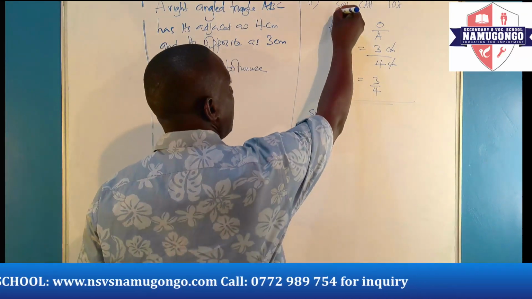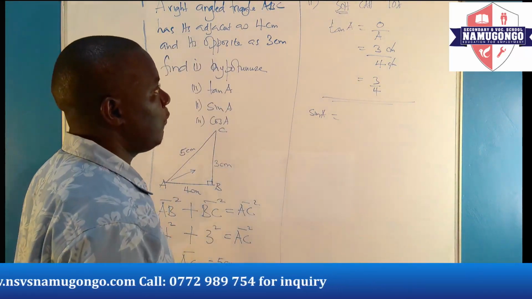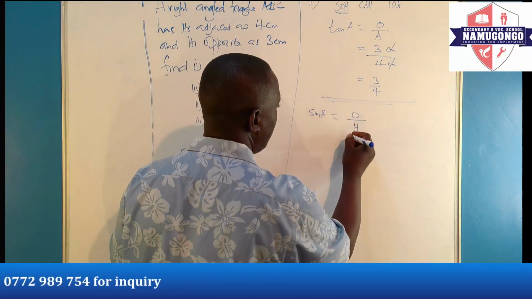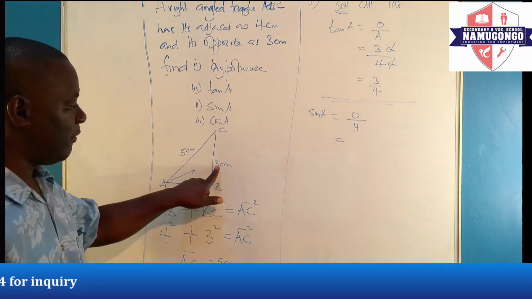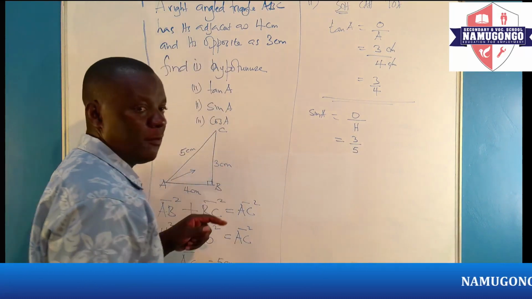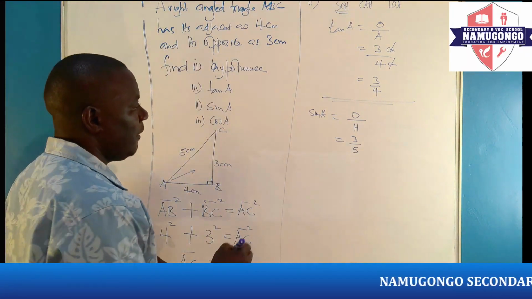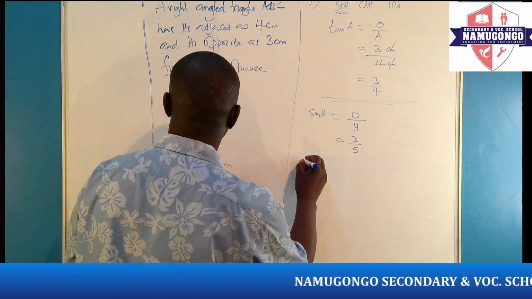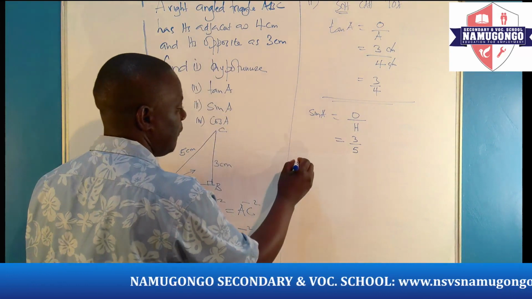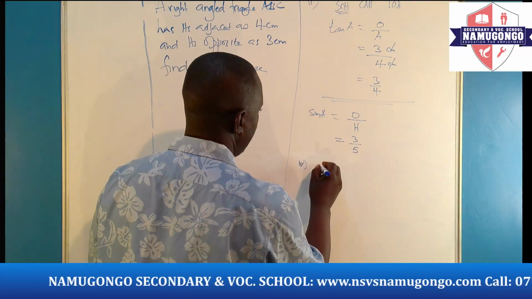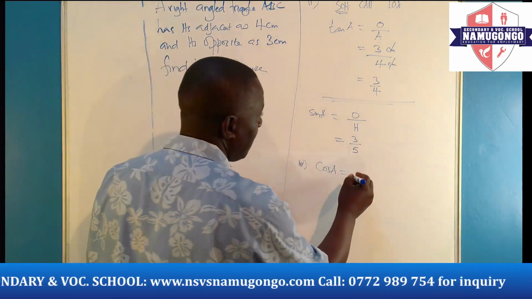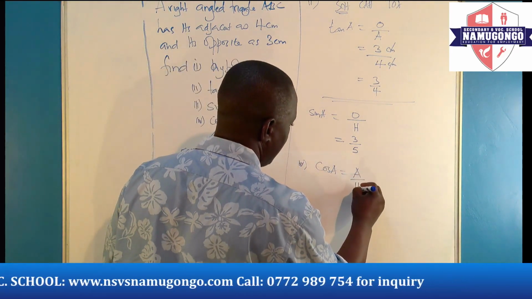That is tan A. The second one is sine A. You use the first one, SOH. You say that sine A is the opposite out of the hypotenuse. Our opposite is 3. Our hypotenuse is 5. And then the last one is the cosine of A. We shall use the middle one, CAH, which is adjacent out of hypotenuse.